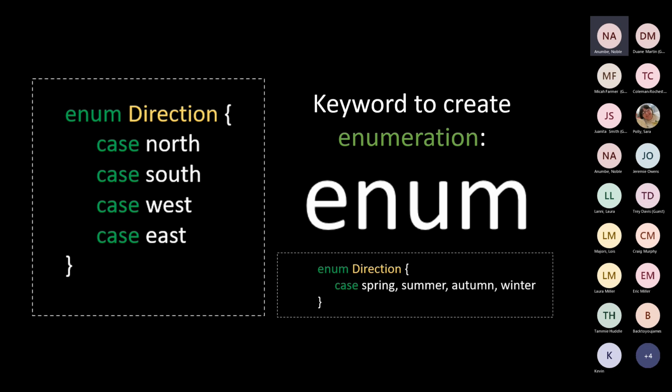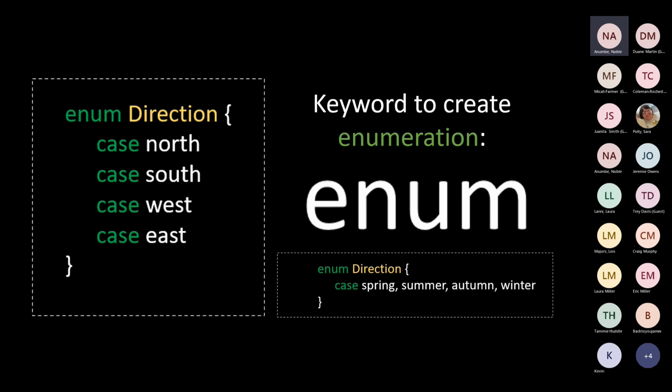So for example, if I want to restrict my options to just 4 cardinal points, right? So that I don't ever make a mistake of introducing any other things because I know it's just 4 cardinal points, right? Then I'm going to use something like enumeration.